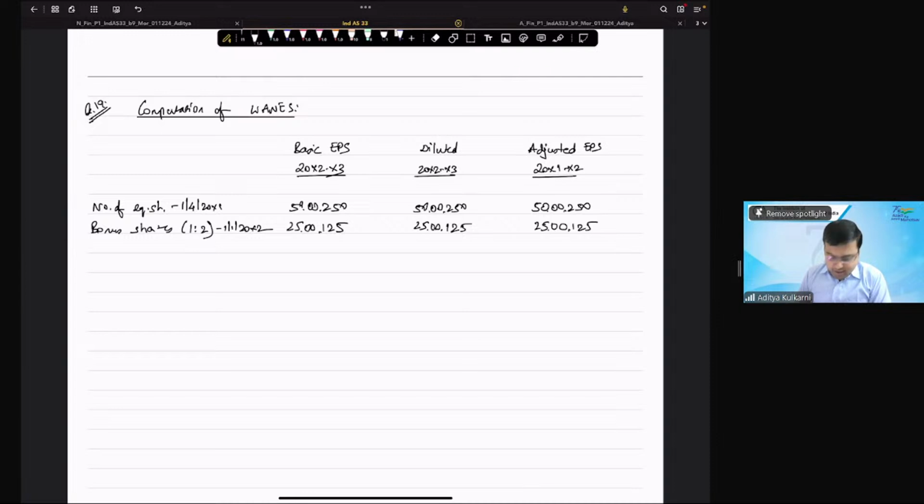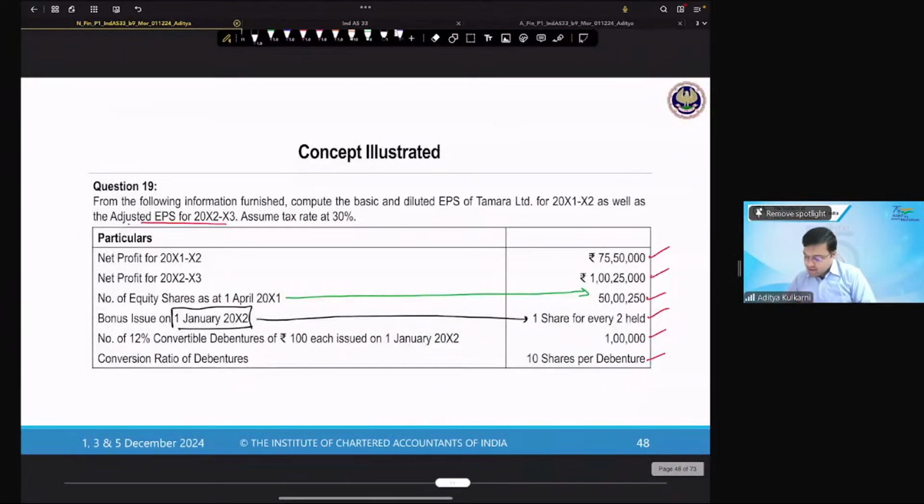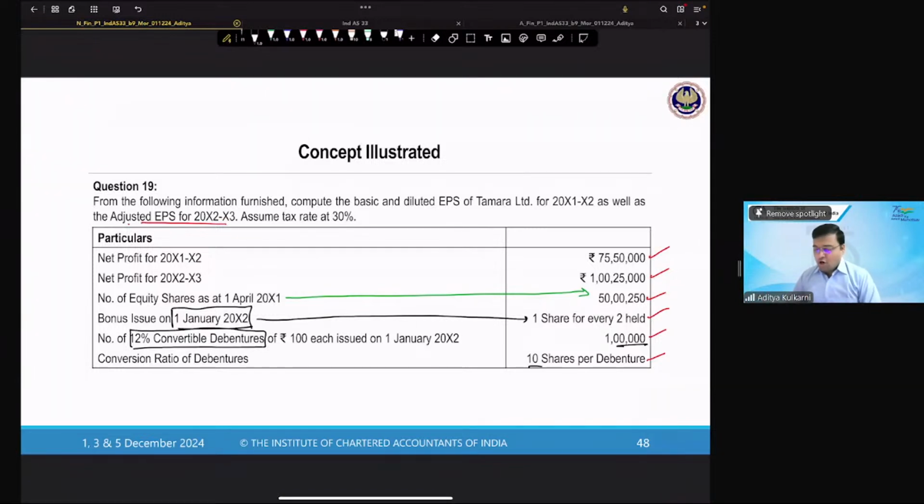Next, potential equity shares. Acha. Do I have potential equity shares in the capital structure? Yes, 12% convertible debentures. कितने हैं? 1 lakh. 10 shares per debenture. So how many potential shares? 10 lakh. So 1 lakh into 10, 10 lakh shares.